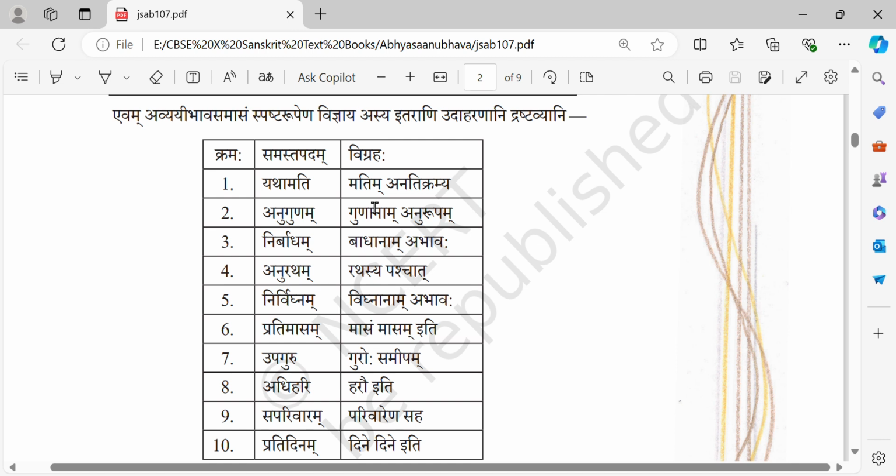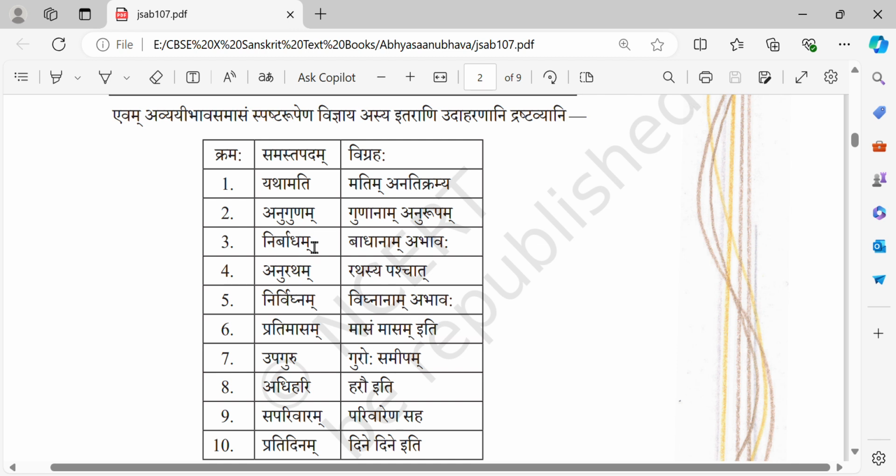Whenever yatha comes, take the word in napumsakalinga format and add anatikramya. For example, yathavidhi, vidhim anatikramya yathavidhi. This is the format which you have to follow. It's very simple. Suppose the word given is yathariti. Ritim anatikramya yathariti. If you just follow one word format, it becomes very easy for you to make any number of samasa.